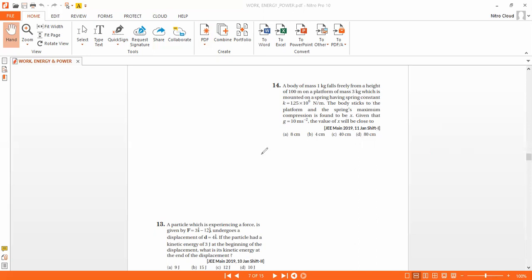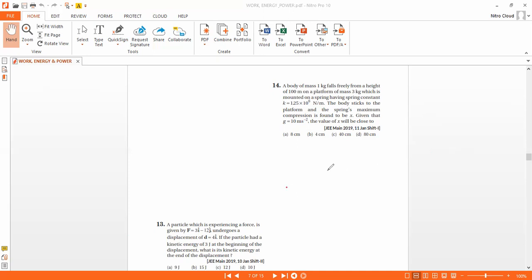The body sticks to the platform and the spring's maximum compression is found to be x. Given the value of g, we need to find what x will be closer to.